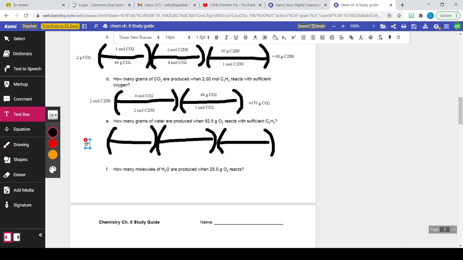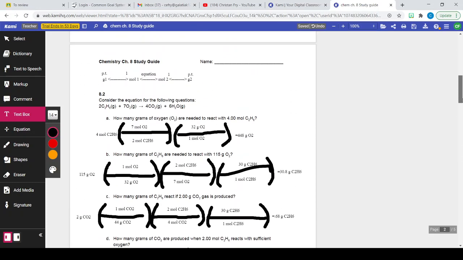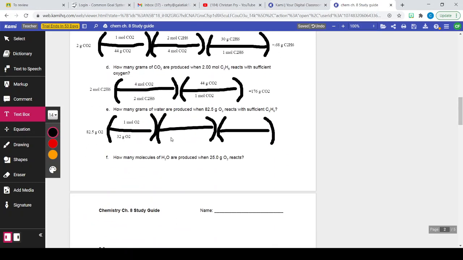On the outside here, I'm going to have 82.5 grams of O2. Oxygen weighs 32 grams for 1 mole. Now's my mole to mole. Need to look at my equation, because I don't remember, it's 7 for oxygen. And I'm trying to get the ethane, which is 2.